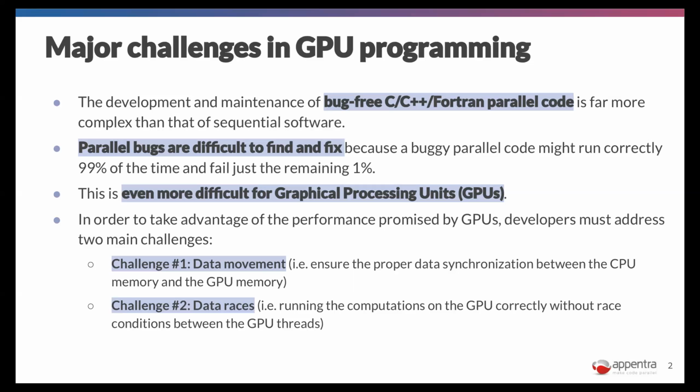In order to take advantage of the huge performance promised by GPUs, developers need to address two main challenges. Challenge number one, and the more important one, is data movement.